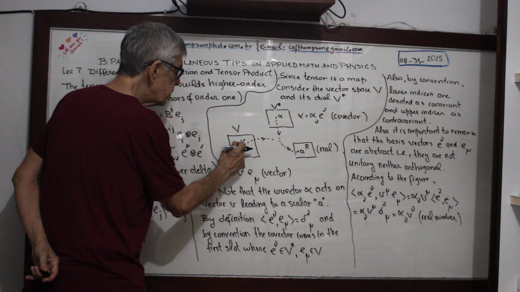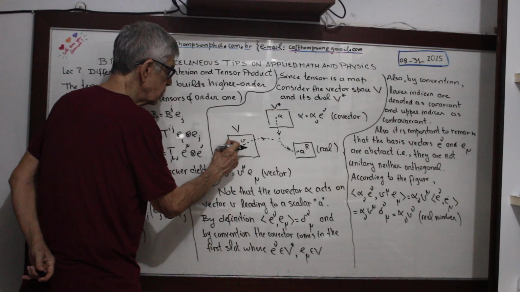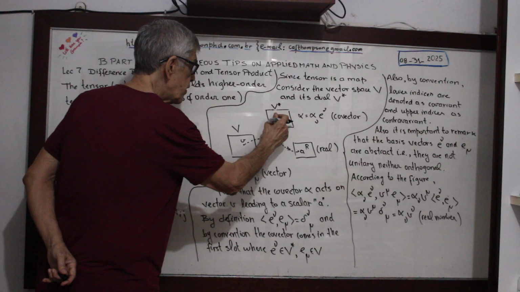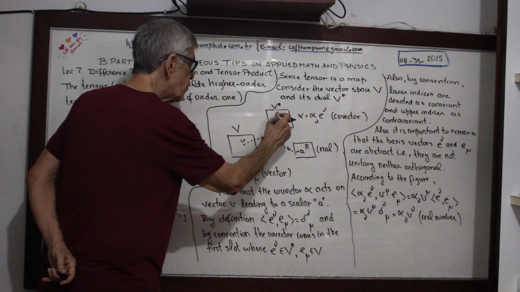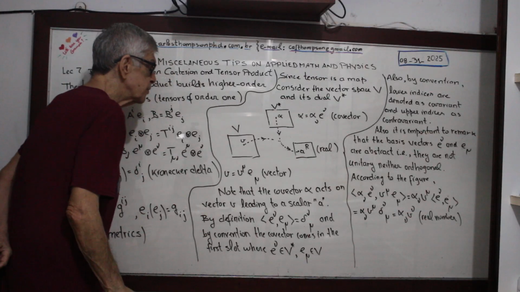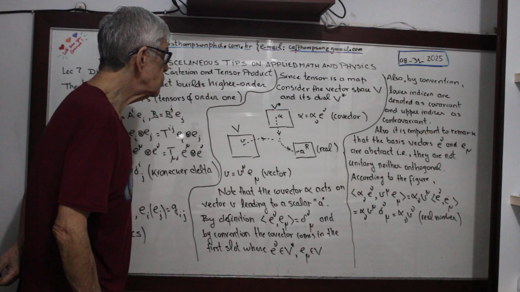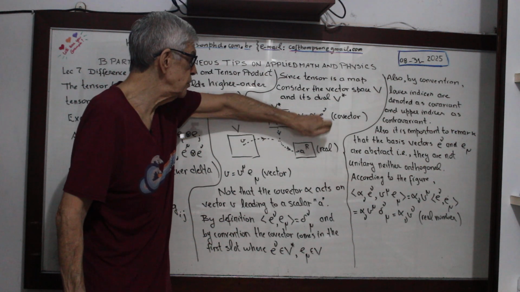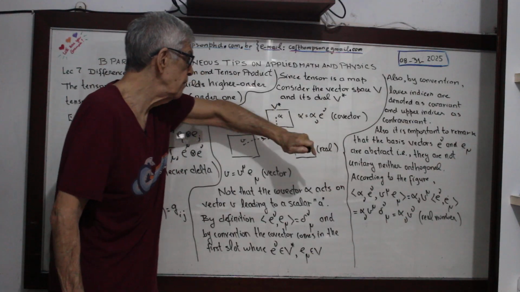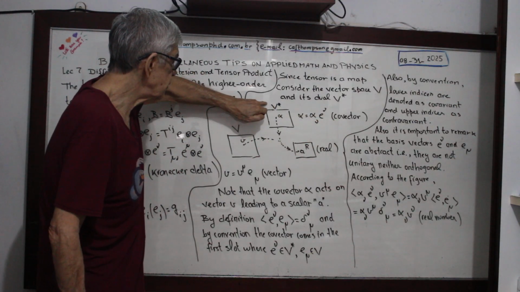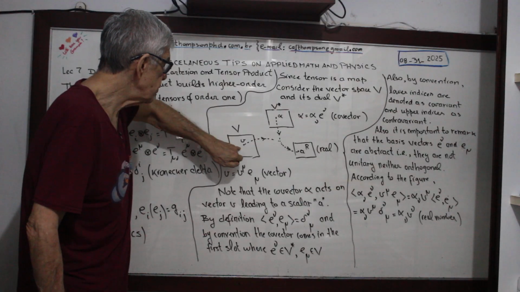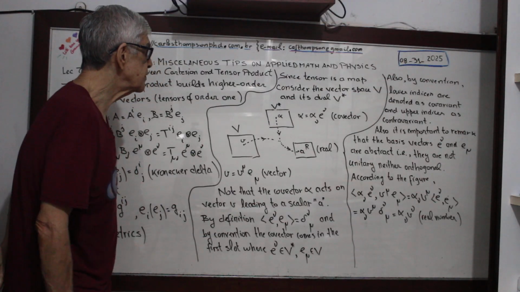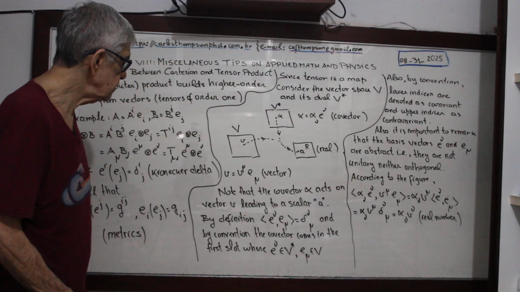This is an element, a vector v that belongs to V, and α is a dual vector that belongs to the dual space. So α_ν e^ν is a covector, because it belongs to the dual, and this is a vector because it belongs to the vector space, by convention.